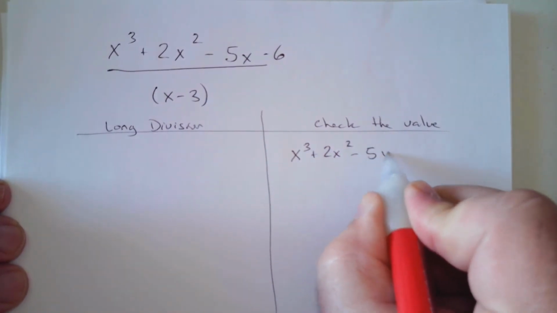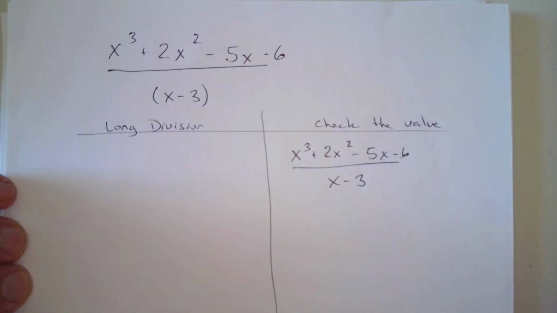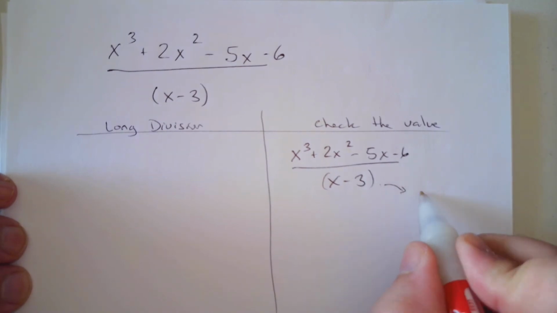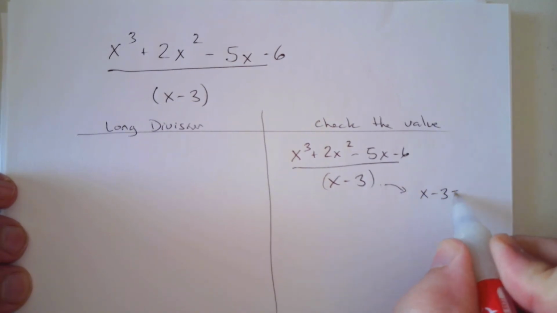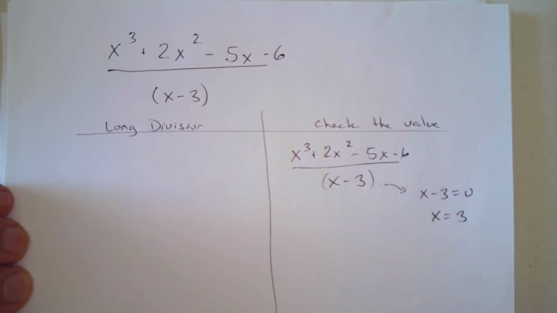So we have our equation divided by x minus 3. Take the x minus 3 and solve it. So we get x equals 3. Plug this into the numerator.